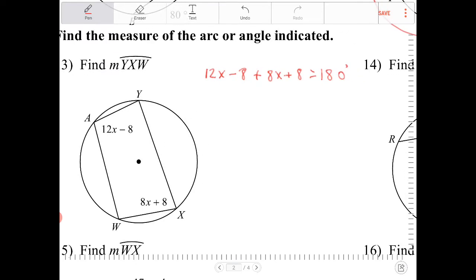I want to add together all like terms, so I get 20x is equal to 180. Divide by 20, x is equal to 9. And to find out what angle YXW is, that is equal to 8 times 9 plus 8, and that would be 80 then.